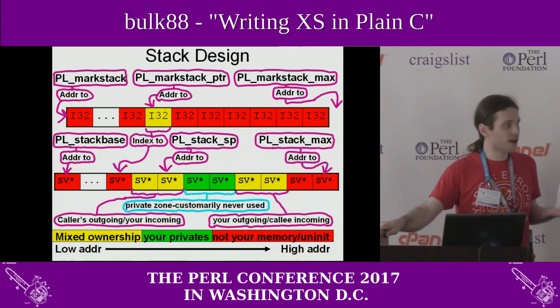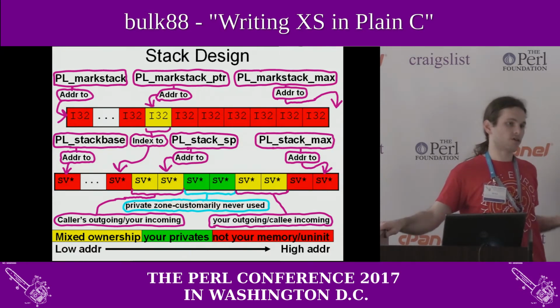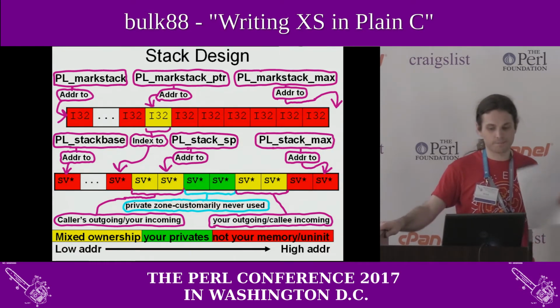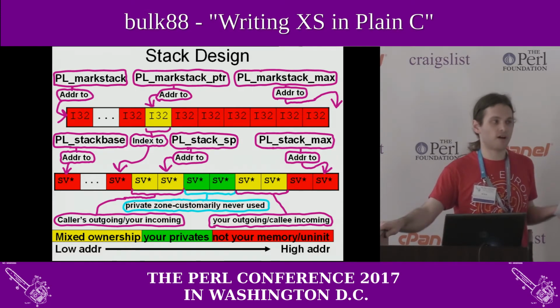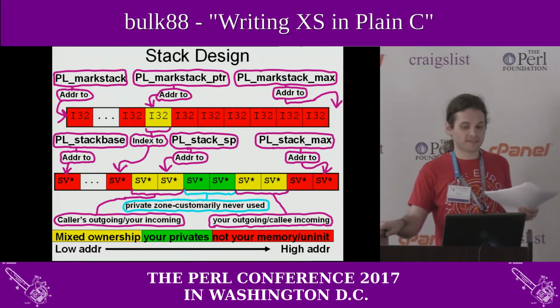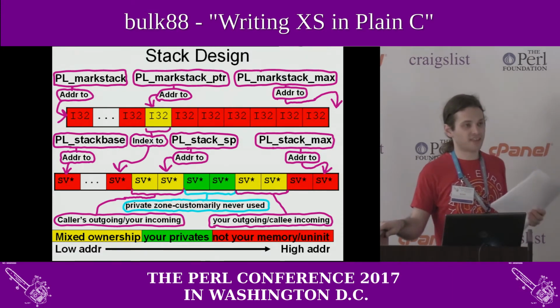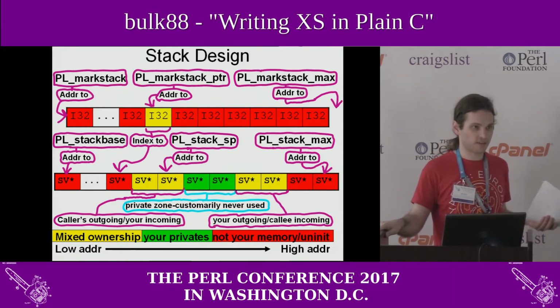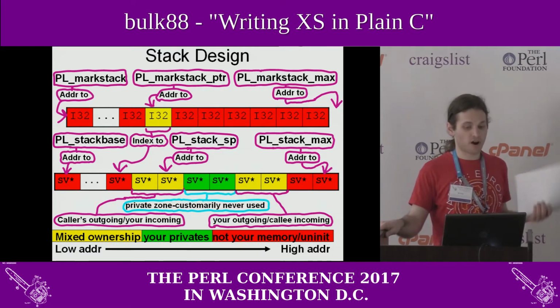And in this diagram, the red fields are memory that you can't touch. It's invalid for you. The yellow fields are shared between you and either your caller or your callee. And the green fields are technically private to you. But you have to read the mark stack PTR and get the I32, which is an index into the Perl stack, off of the mark stack.